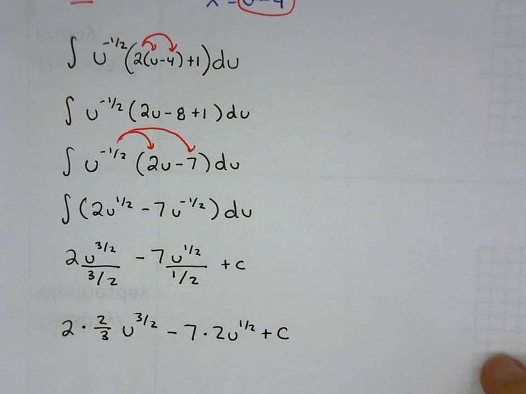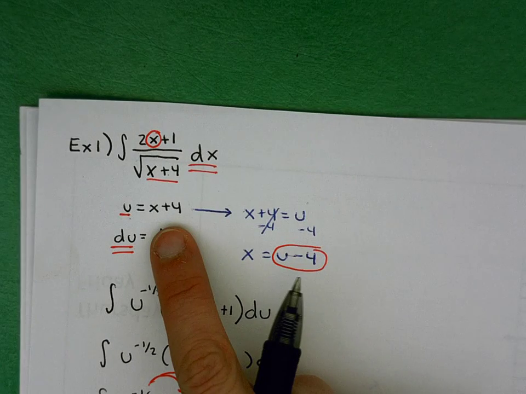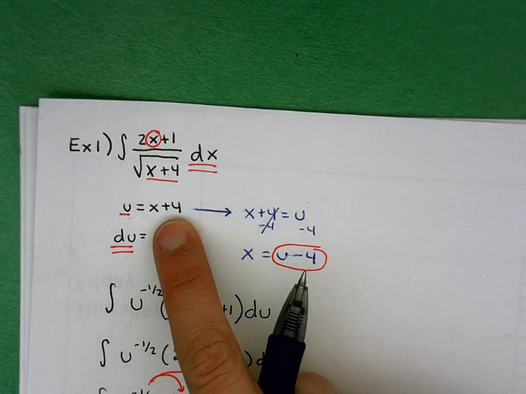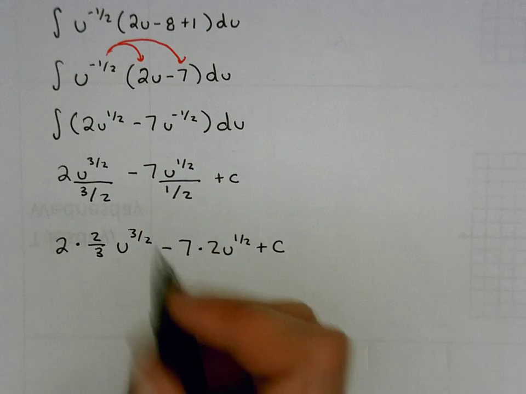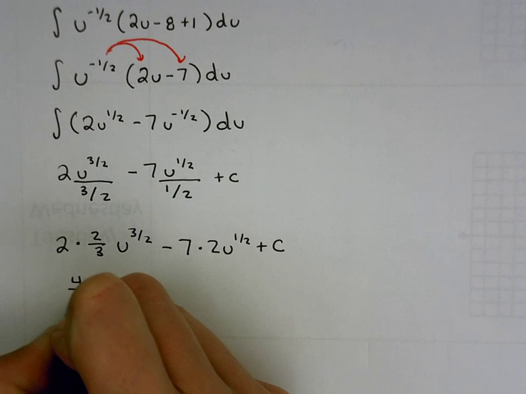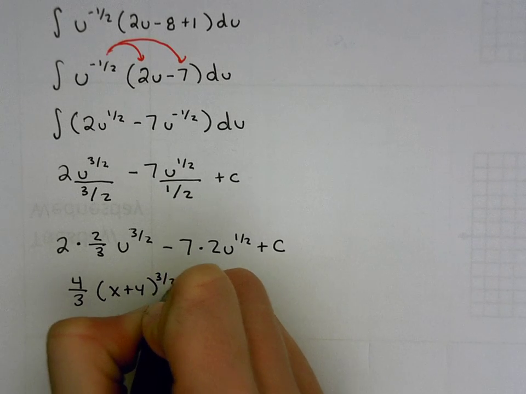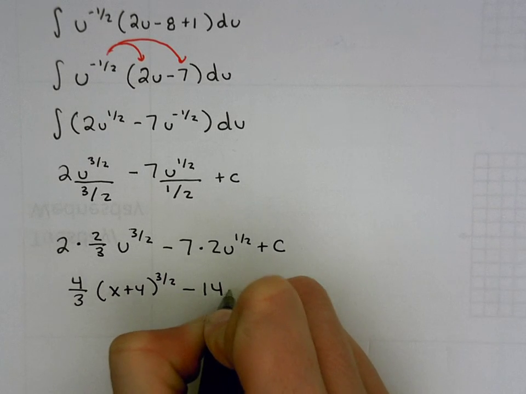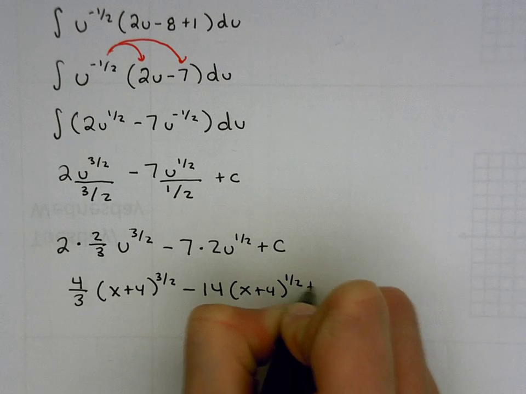And then our last step is we need to substitute back into our u here. And u, remember, was x plus 4. And so I'm going to take that x plus 4 and stick it into my u's spot. Okay. So this is going to be 4/3 (x plus 4) to the 3/2 minus 14 (x plus 4) to the 1/2 plus c.